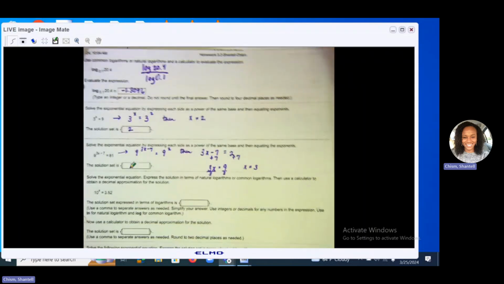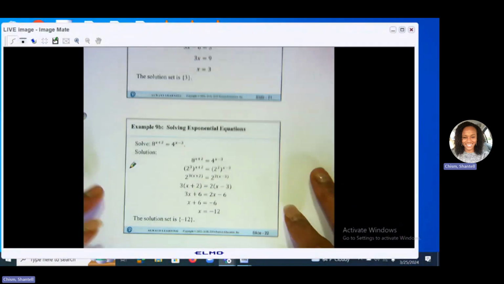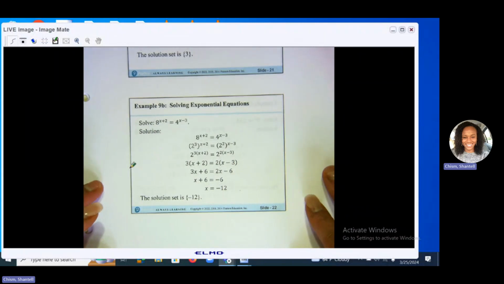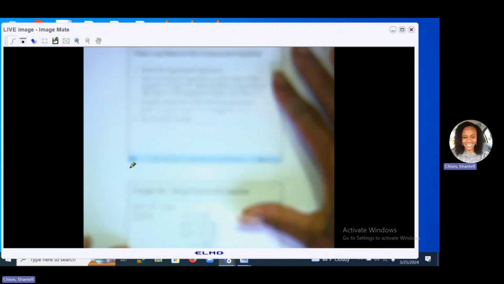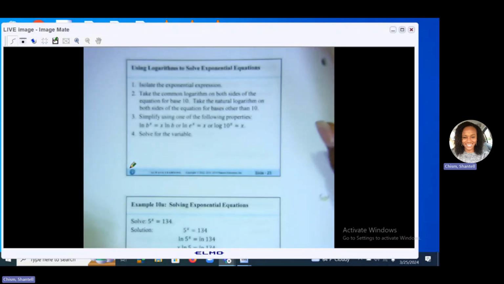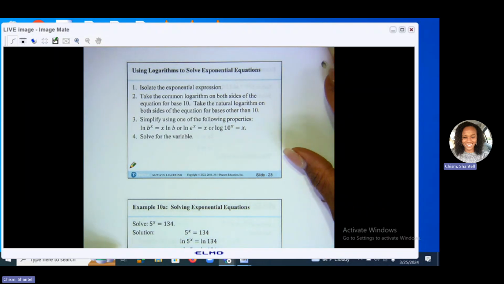What we're going to look at is a new property here, where it says, using logarithms to solve exponential equations.